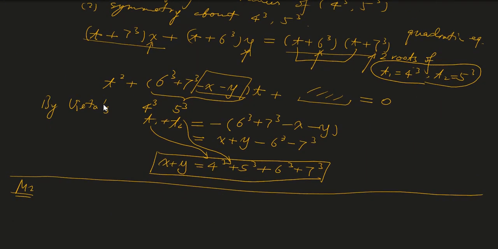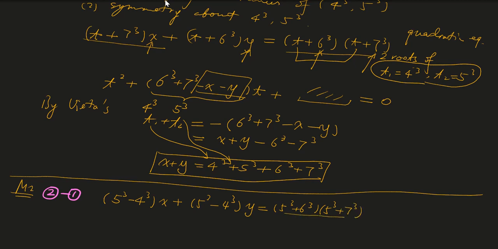So in the second approach, let's do this. We subtract equation 1 from equation 2. And what we get is this. We have (5 cubed minus 4 cubed) times x plus (5 cubed minus 4 cubed) times y, which equals (5 cubed plus 6 cubed) times (5 cubed plus 7 cubed).